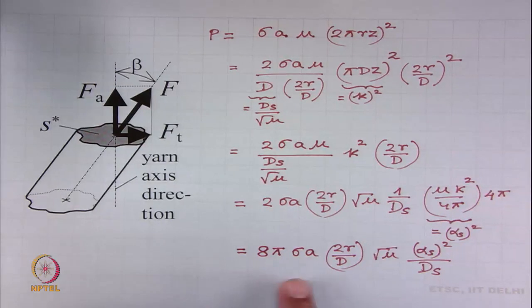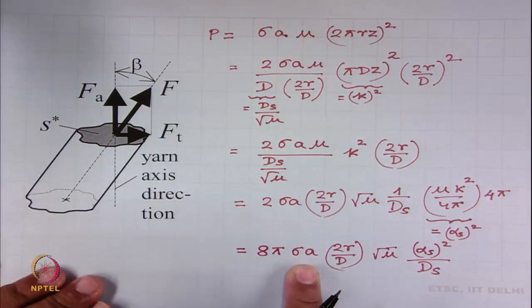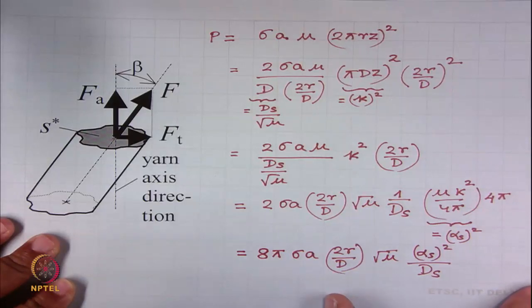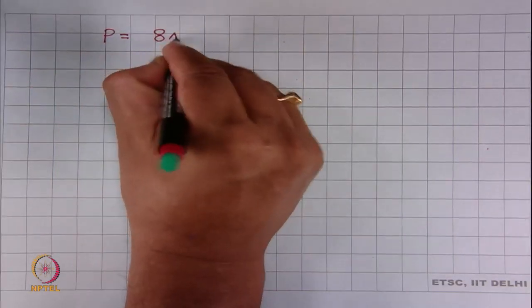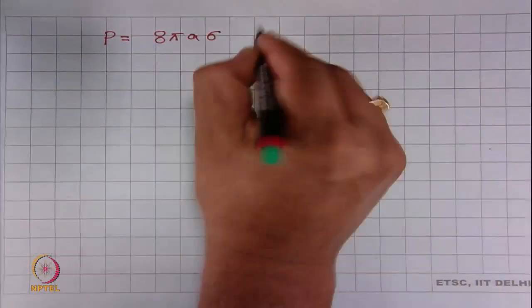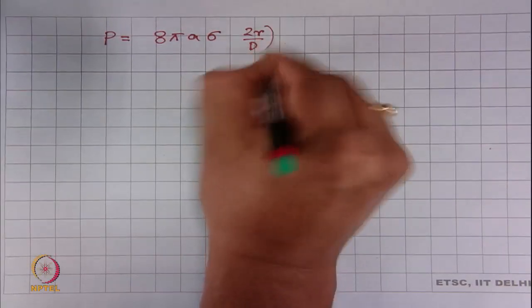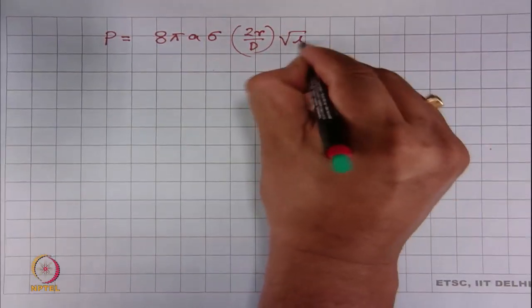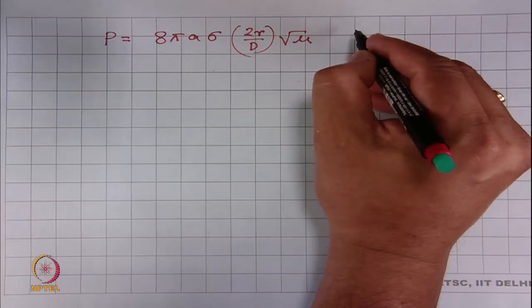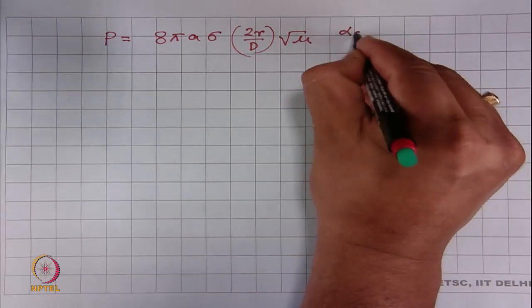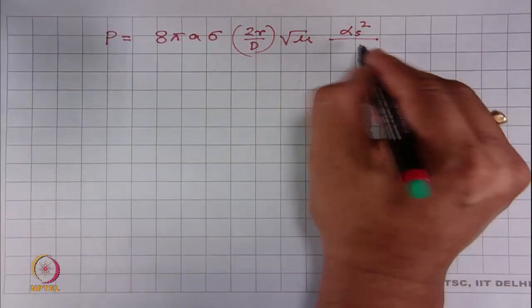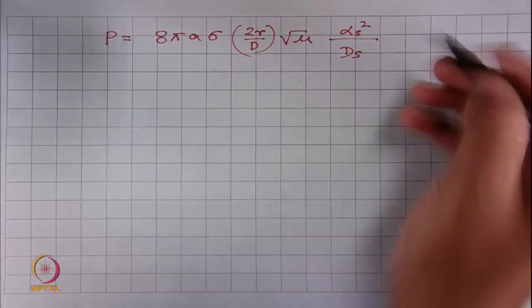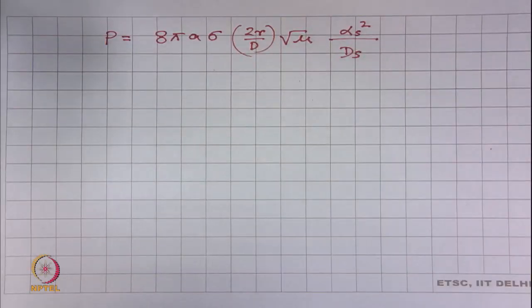So, now this A, let us write this expression in another form. So, what we obtained, P is 8 pi A sigma 2 r by d root over mu alpha s squared by ds, right. We obtain this.